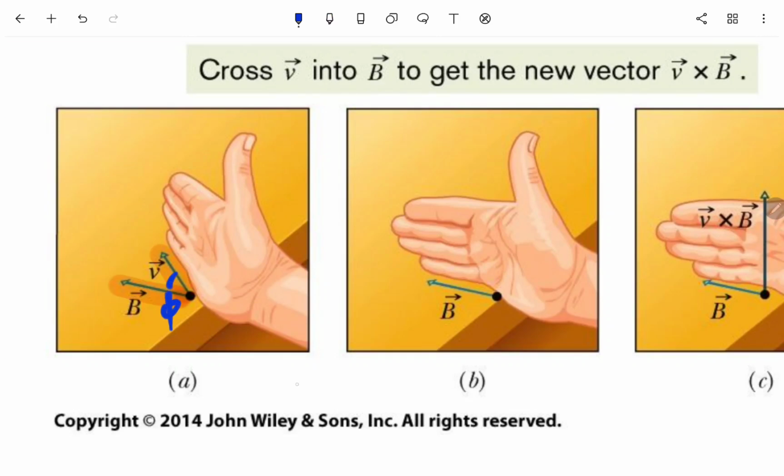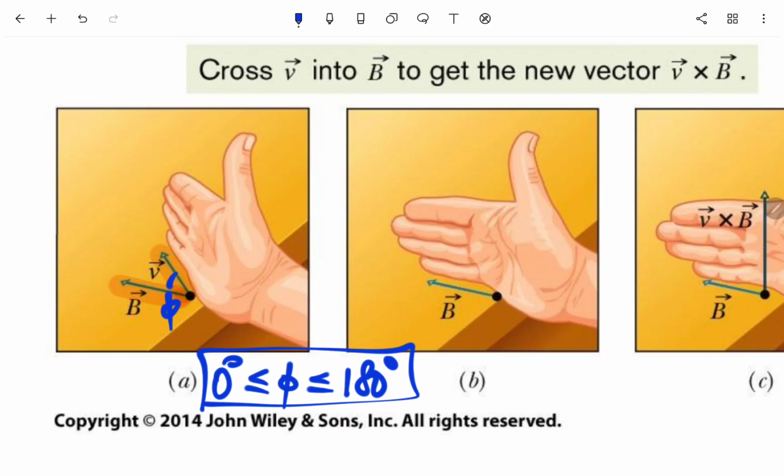And we always make this phi larger than or equal to 0 degrees and smaller than or equal to 180 degrees, otherwise it will be a problem.